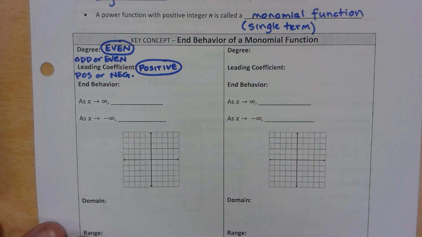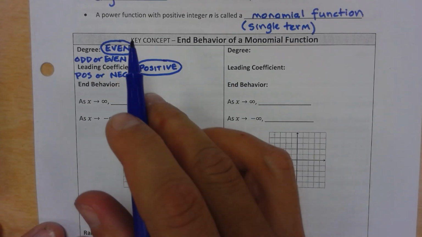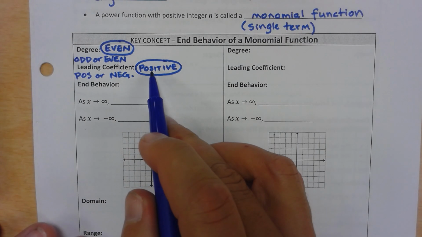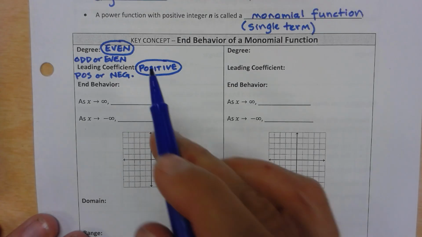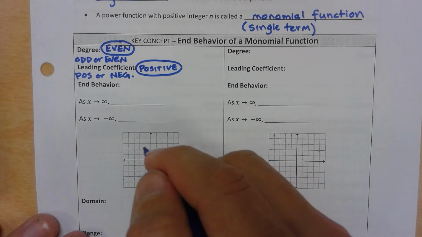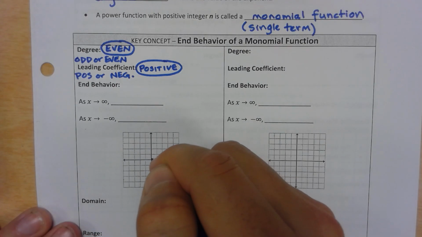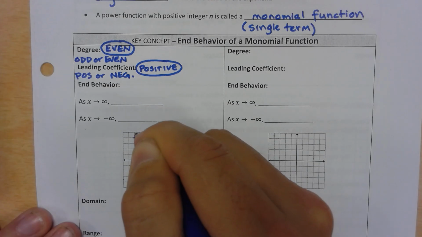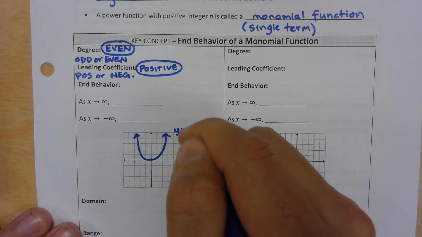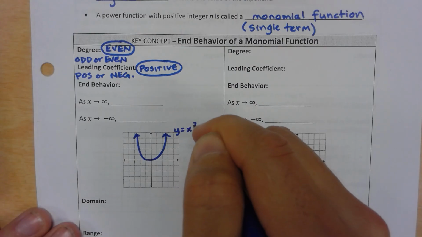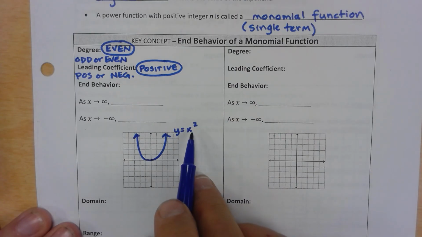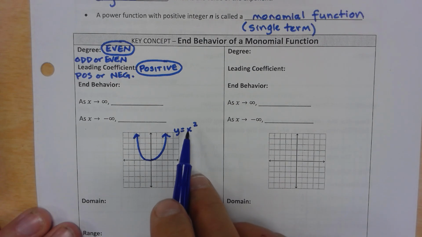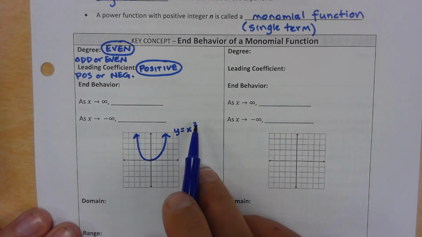Okay, so when the degree is even and the leading coefficient is positive, we're going to get a graph that looks like this. Think about the function y equals x squared. The leading coefficient here would be 1, which is positive, and the degree is 2, which is even.